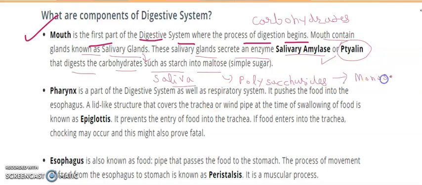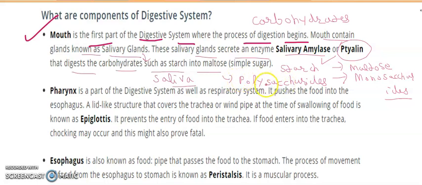Here your starch gets converted into maltose, which is a simple sugar. Which enzyme is helping in this process? Salivary amylase or ptyalin enzyme is helping. So it digests carbohydrates such as starch into maltose, a simple sugar, right?